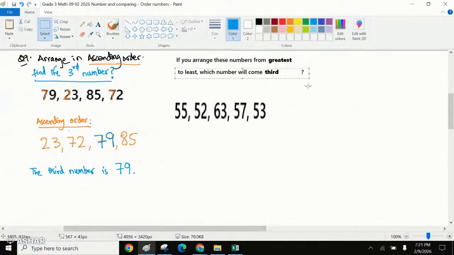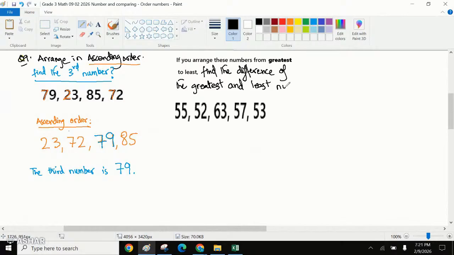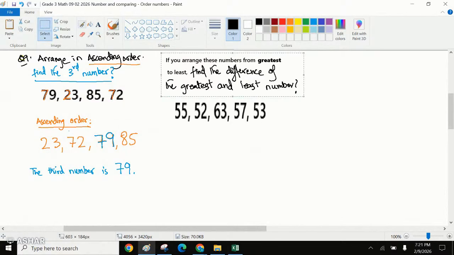If you arrange these numbers from the greatest to the least, I'll say find the difference of the greatest and least number. So depending on the question, we would look at our requirement. This was question number 10.